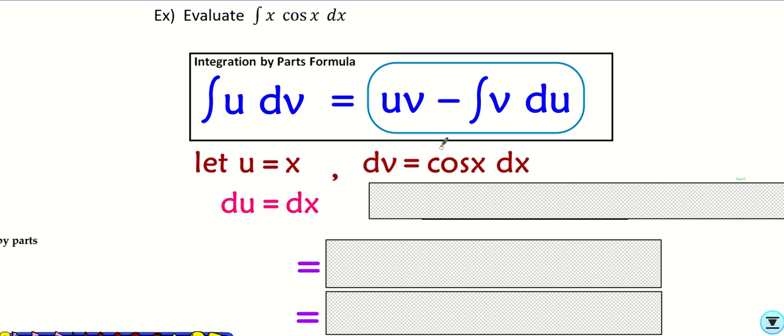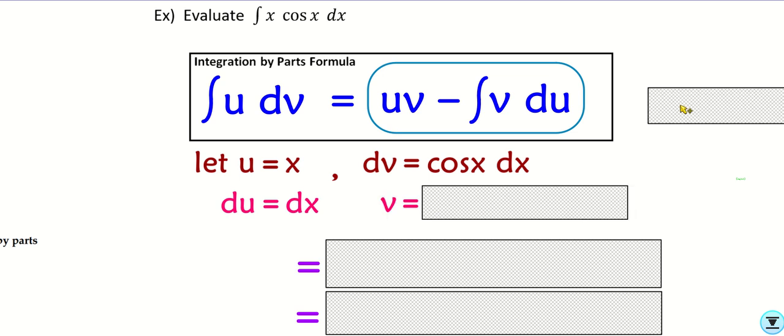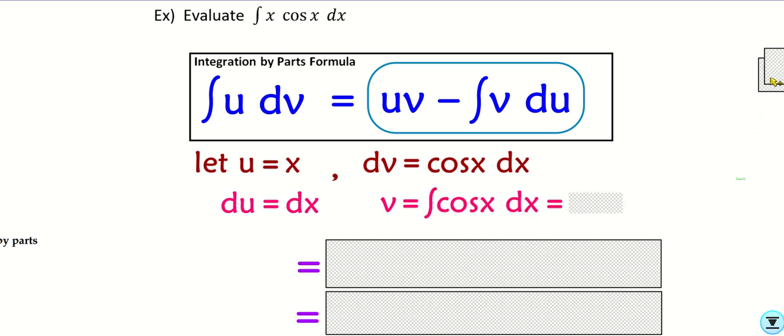Technically, we're taking the integral of both sides, and hopefully that's not too tough to think of quickly. You're going to end up with the sine of x. So once we have all of this, we can now just go with this formula, and again, this is the original problem.